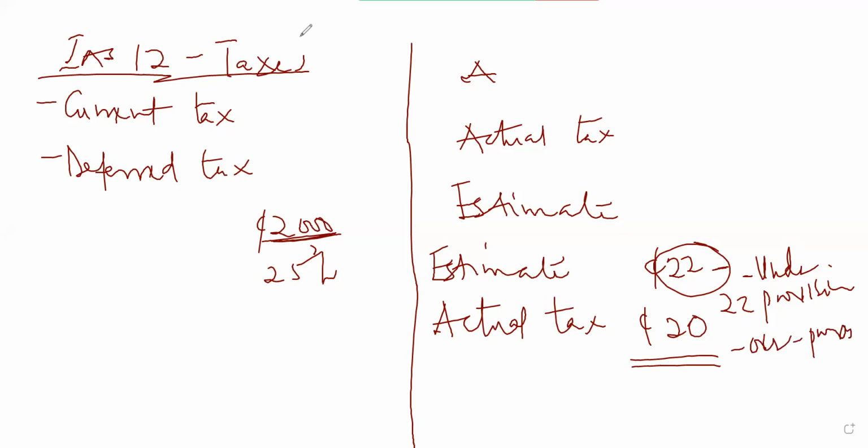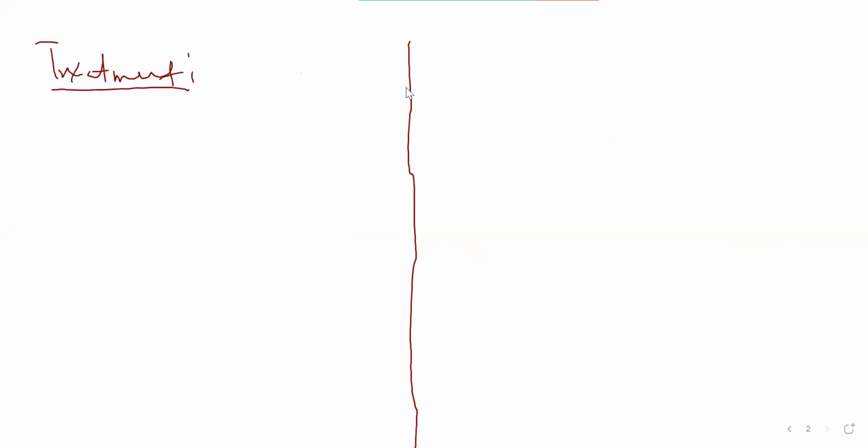Okay. But the question now is, how do we treat the under and then the over? We have to talk about the treatment now. So let's go to the treatment. Although we have spoken about this thing last week, let's just finish everything today on tax. So the issue is the treatment.